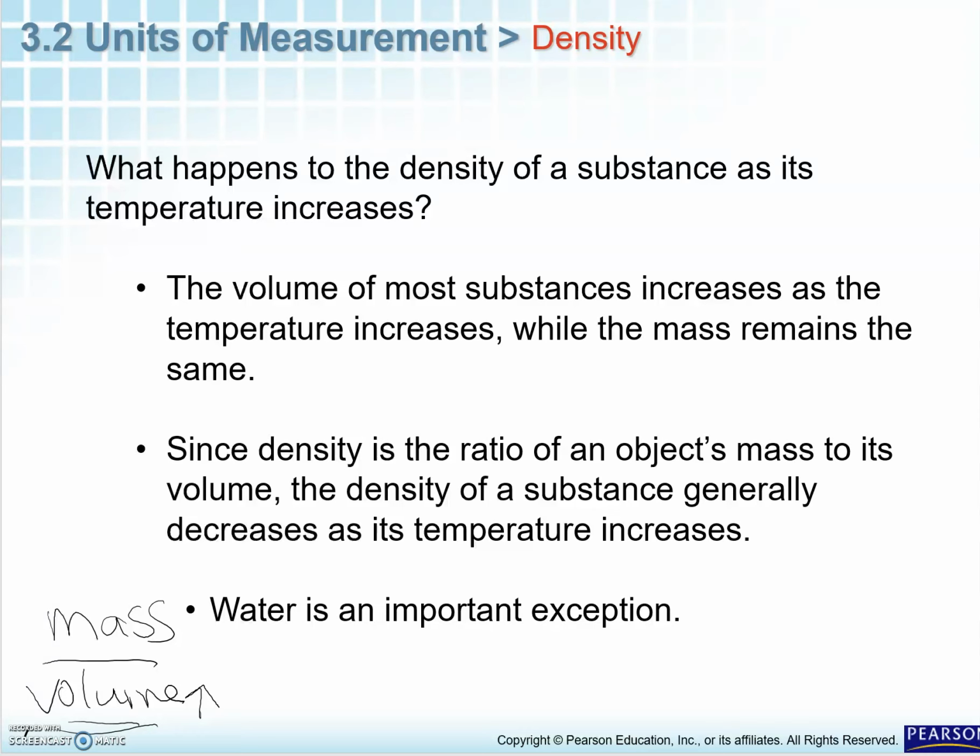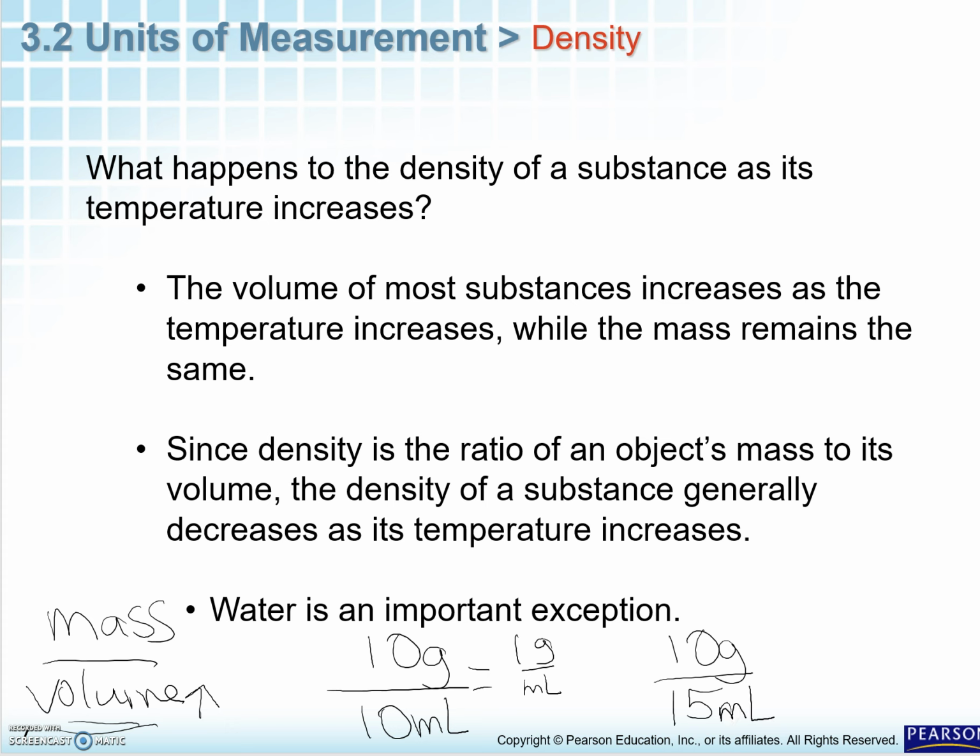So let's try one out. If I have a mass of 10 grams and it has a volume of 10 milliliters, its original density would be 1 gram per milliliter. But let's say I heat it up. You still have 10 grams. Your mass doesn't change just because you get warmer. However, your volume may increase to 15 milliliters.